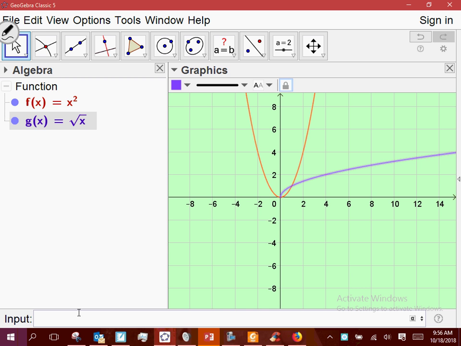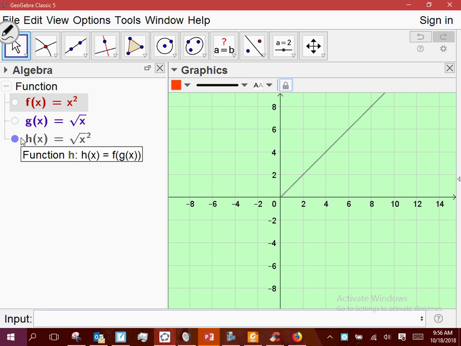If I ask this thing to find f of g of x, you see how it doesn't simplify it, I keep saying that. But do you see that it only graphs the line y equals x for x values that are 0 or bigger? And that's because the original inputs were only allowed to be 0 or bigger. Is that okay with everybody?